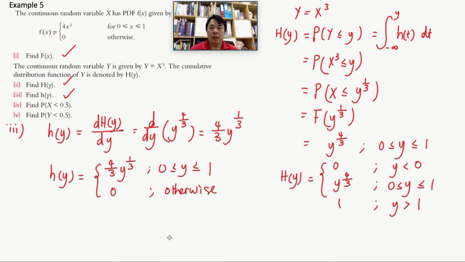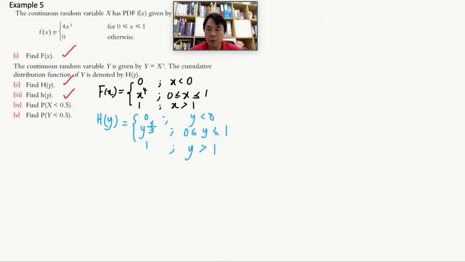Alright, now we are ready to answer the next one, question number 4. Just for reference, I'm going to rewrite the distribution functions that represent continuous random variables x and y. For number 4, we are interested in finding the probability of random variable x less than 0.5.